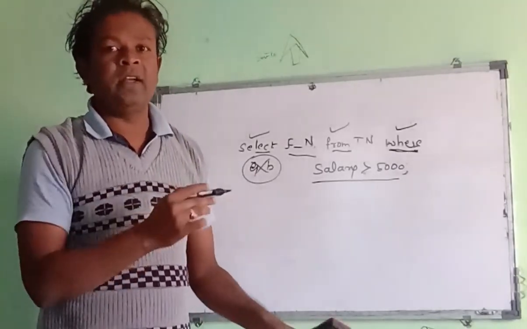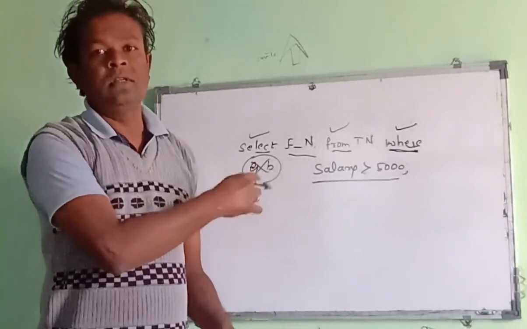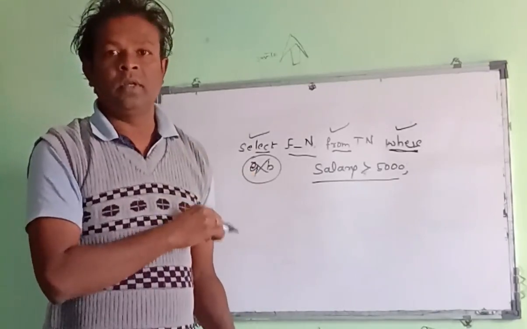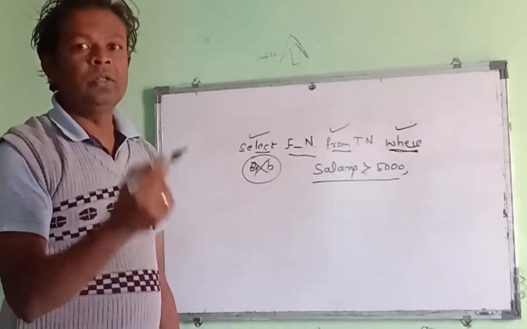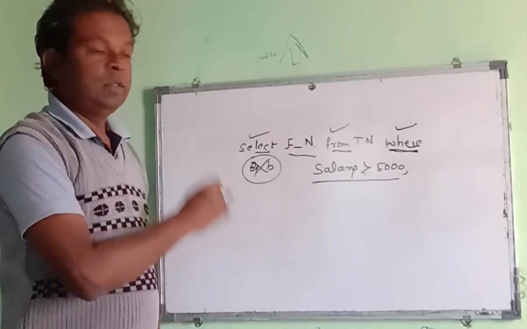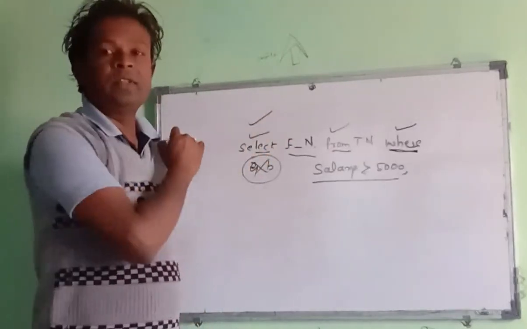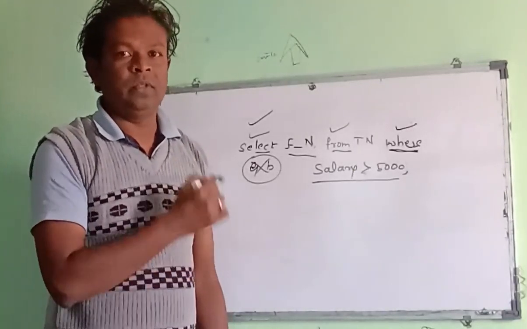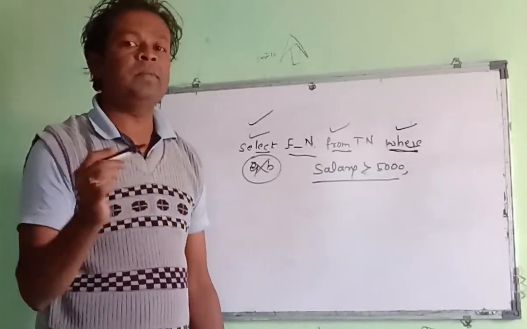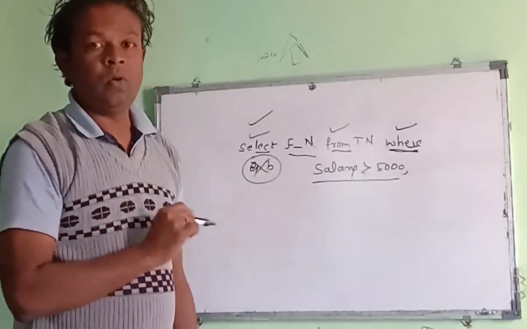It's not mandatory that you use all these clauses in one single query. Whichever you require you can use, but in this fashion. You have to follow the order of the SQL query, then only you can write any type of query in SQL Oracle.